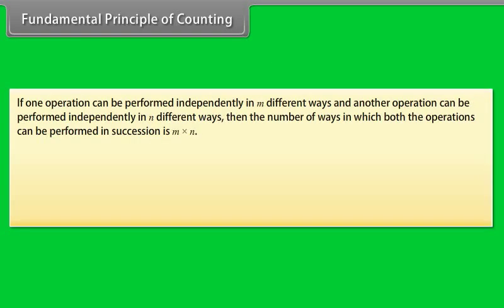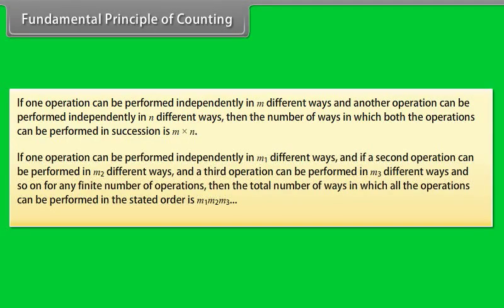If one operation can be performed independently in m different ways, and another operation can be performed independently in n different ways, then the number of ways in which both the operations can be performed in succession is m into n.